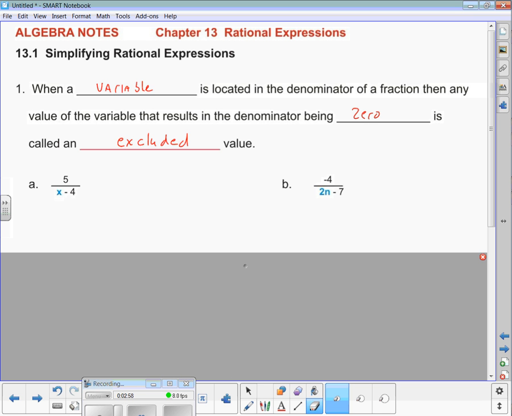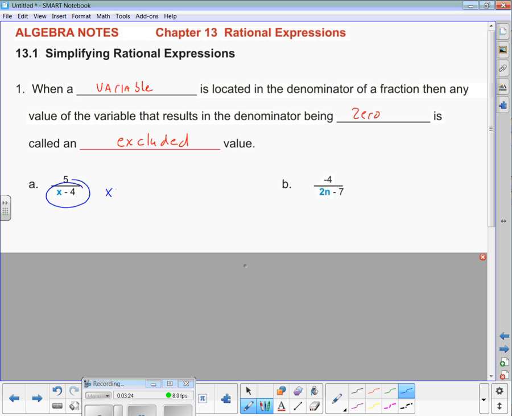So in this first section, number 1, we're just looking to figure out values that the variable cannot be. And it's real simplistic. Take a look down here. What value of x will make the bottom a 0? And I hope you'll say a value of 4.